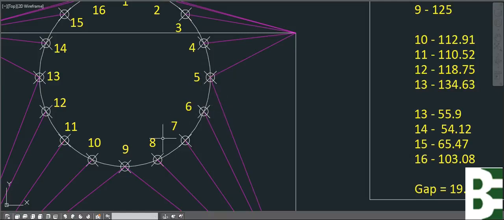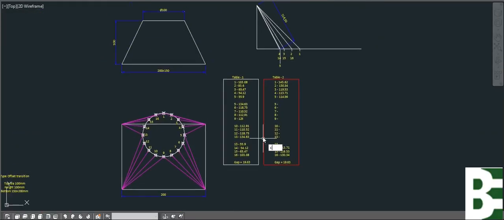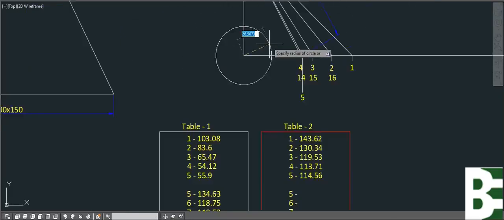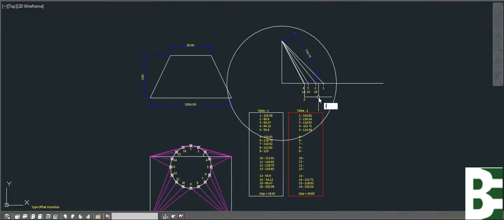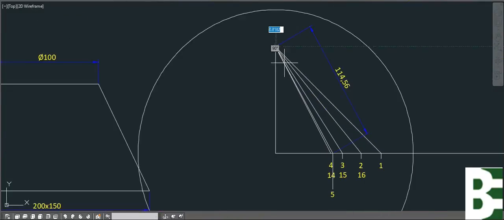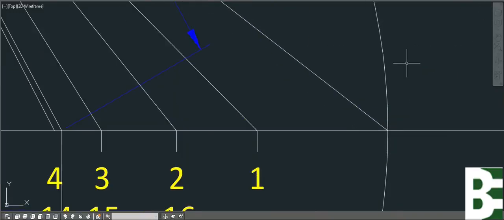Same like this. I'm going the clockwise. The second number 5 is 134.63. Draw a radius and match this line.